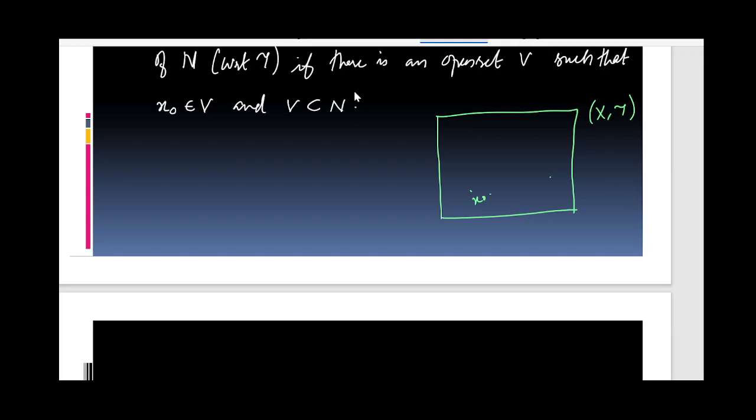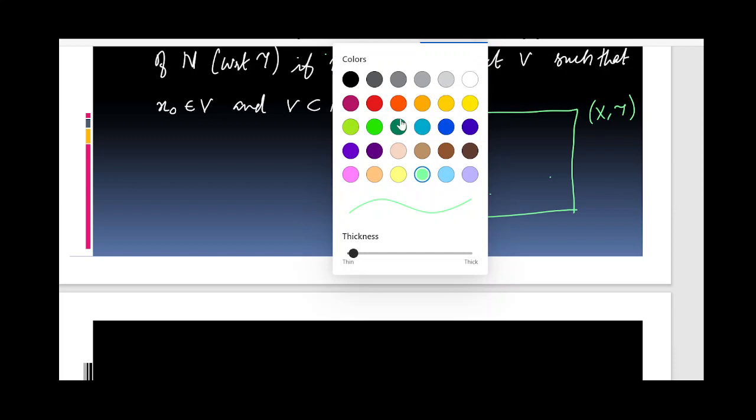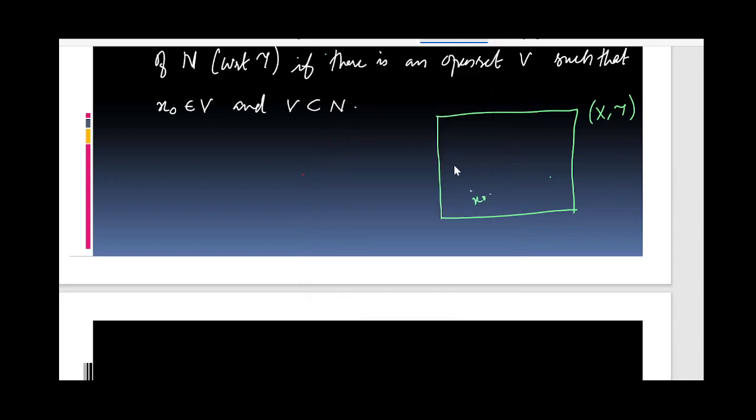Now suppose a set N containing this x naught is given. This is our N. Now this N is said to be a neighborhood of x naught.